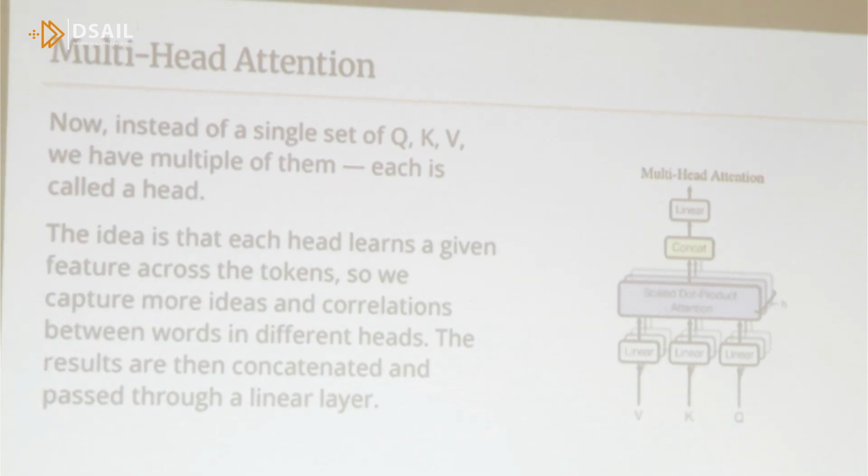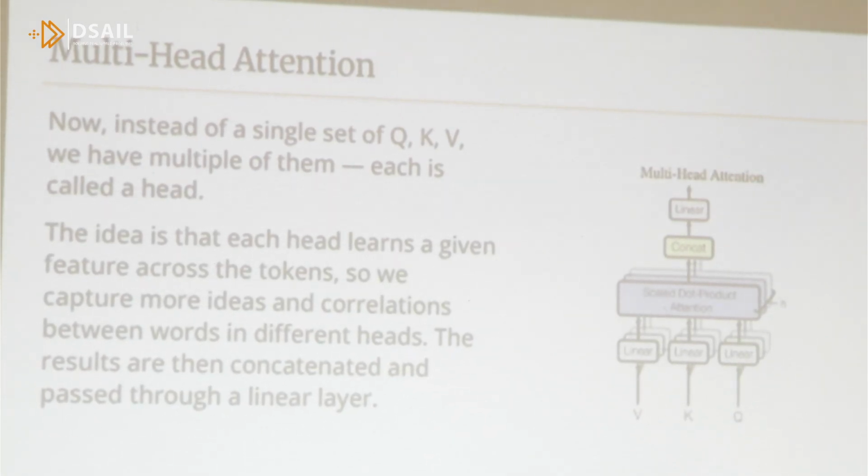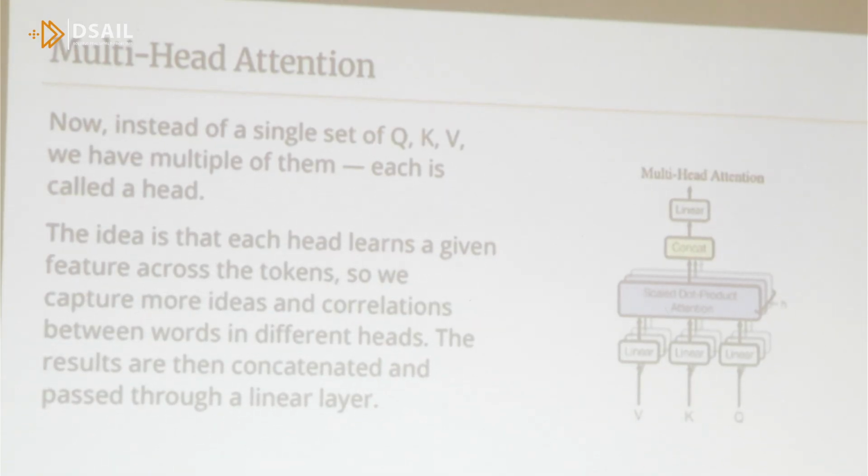Now what happens is you have multi-head attention, where you have multiple sets of Q, K, and V. So you have Q, K, and V, multiple heads of that. Essentially the idea is that each head learns a given feature across the tokens. The tokens are your input sequence. And so we capture more ideas. One head of attention may learn to capture positions, like: only she said, she only said, she said only.